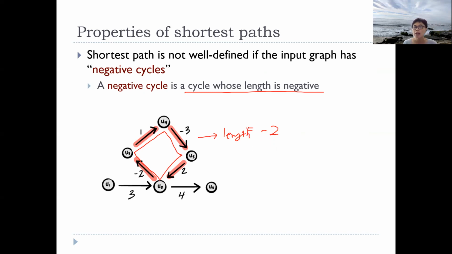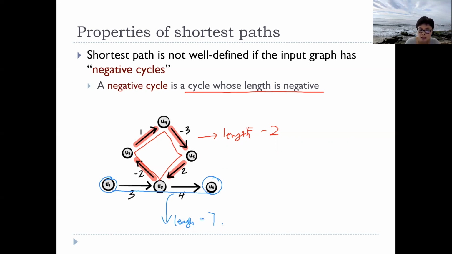So why do we have a problem when we have a negative cycle? Well, the shortest path is no longer well defined. Why? Suppose you want to figure out the shortest path going from U1 to U6. It seems natural that we should go this way. This blue path has length 7. But is this the shortest?